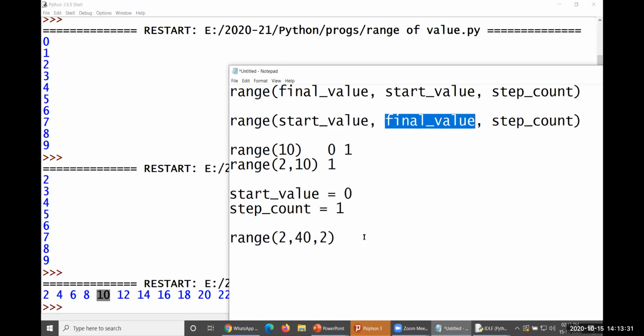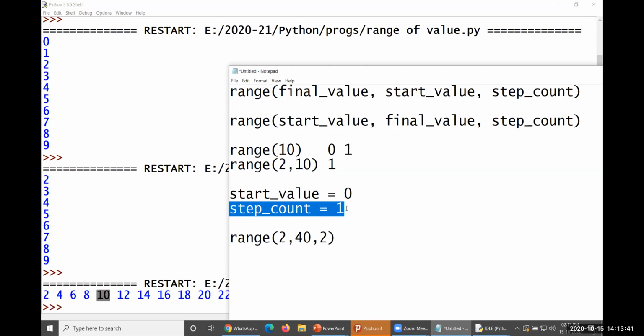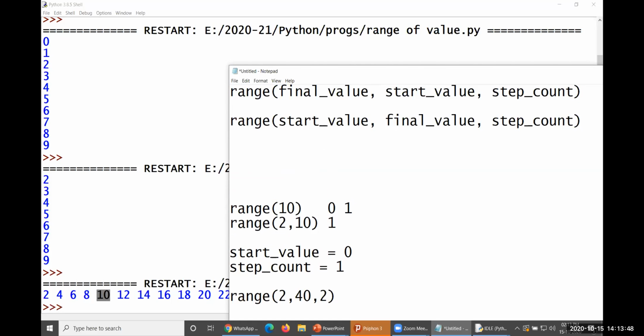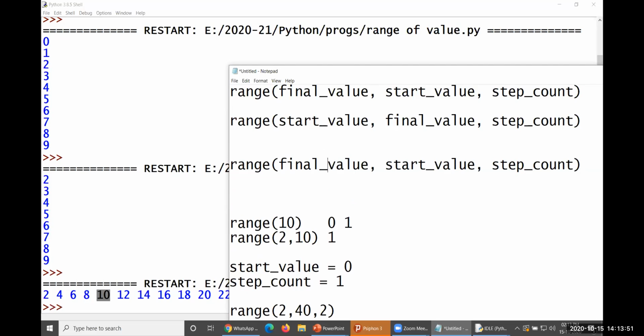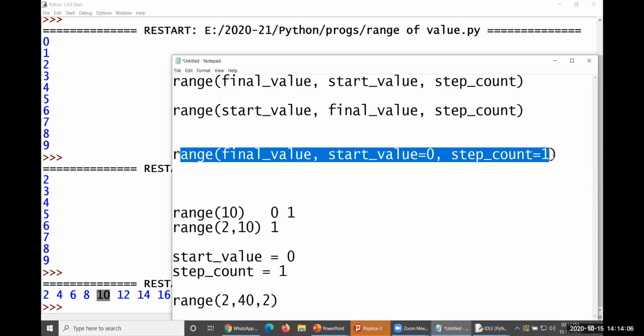By default, the start value is assigned 0 and the step count is assigned 1. So your range function will look like this: the final value must be given here, and the start value is assigned 0 and the step count is assigned 1 by default while defining your range function here.